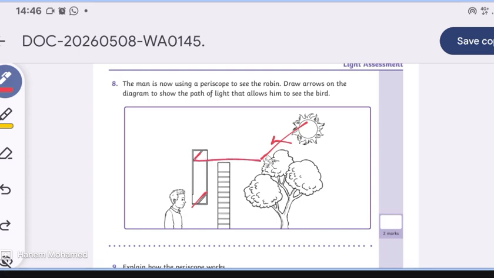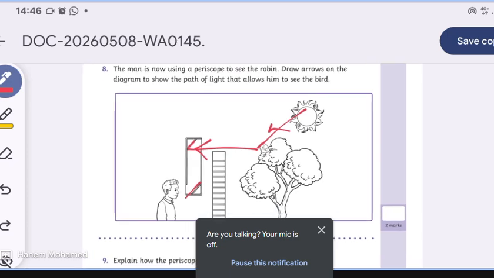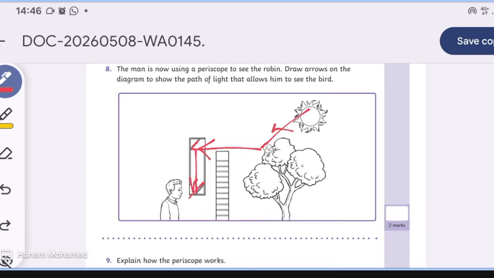Some of the light will go through the hole of the periscope onto the first mirror. The mirror is a smooth, regular surface, which will reflect all the light in one direction. The second mirror also will reflect the light in one direction onto the eyes of the boy. So that's why he can see.